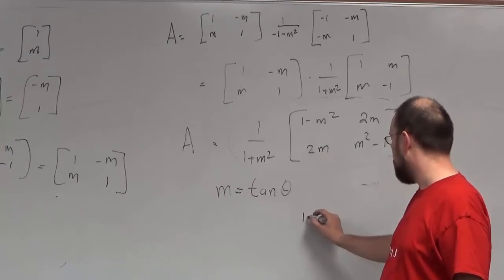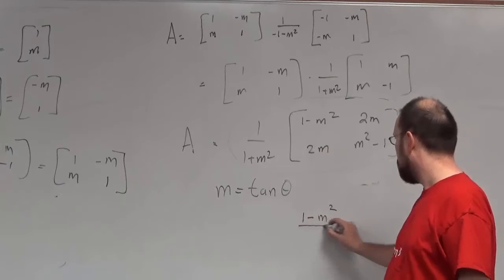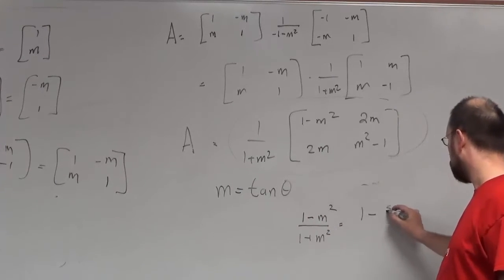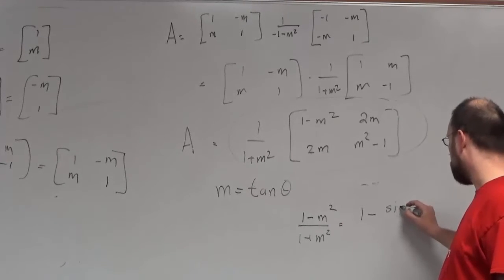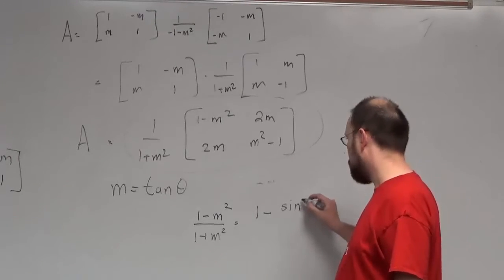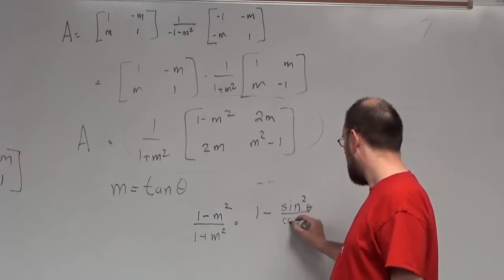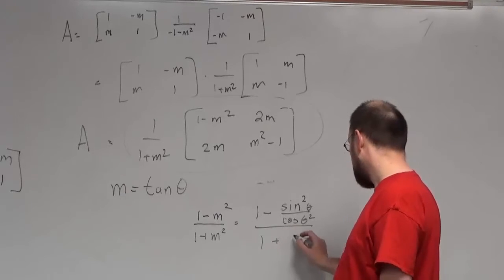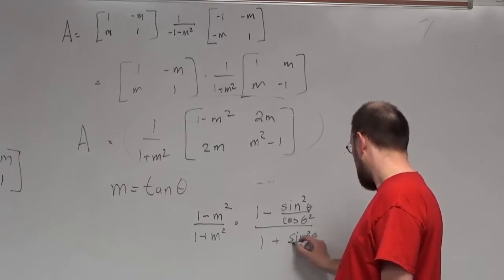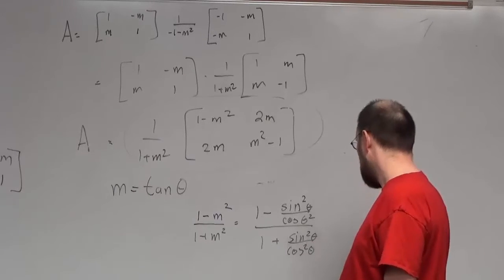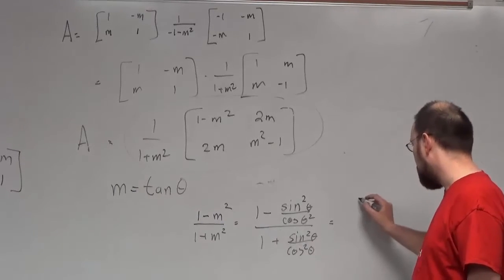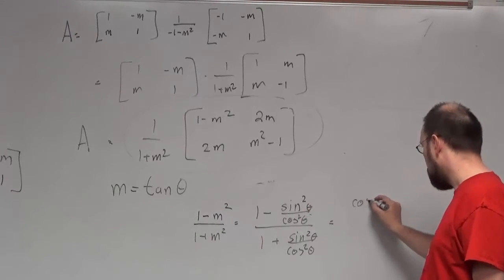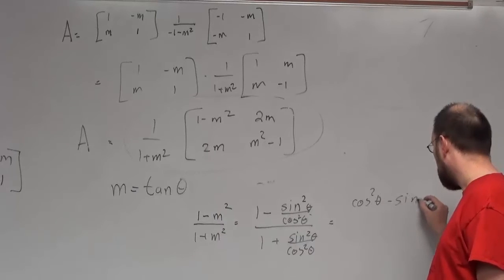Okay, let's look at the first component. We have 1 minus n squared divided by 1 plus n squared, and n is tangent, where tangent is sine over cosine. Multiply the top and bottom by cosine squared to get cosine squared minus sine squared.